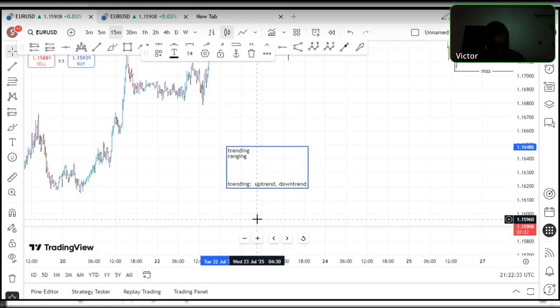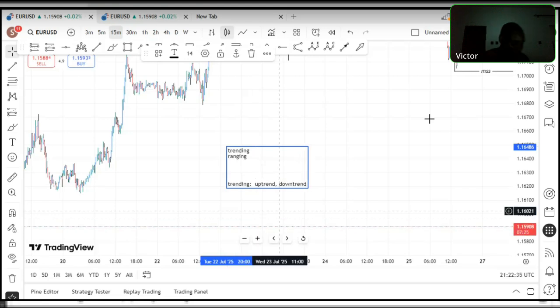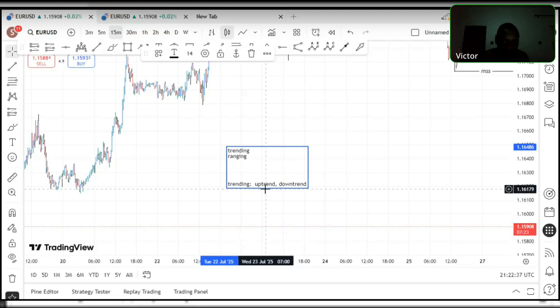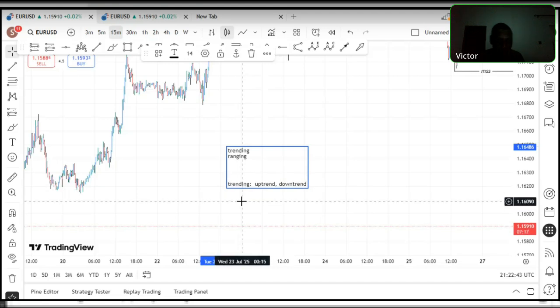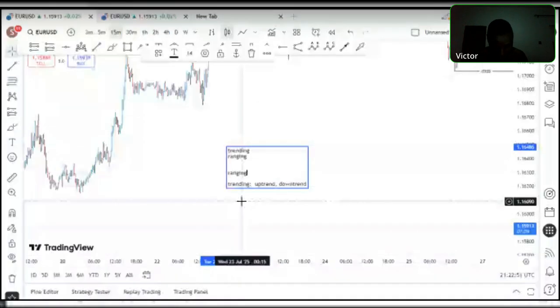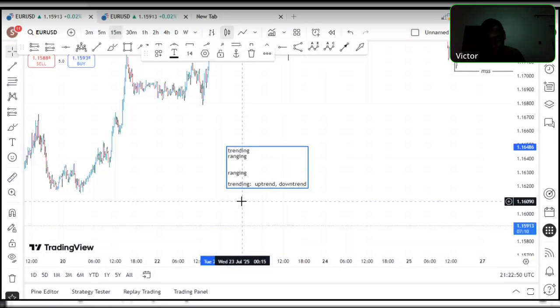You understand? Under the trending market, we have uptrend, we also have downtrend. Then under the ranging, we also have the sideways market.